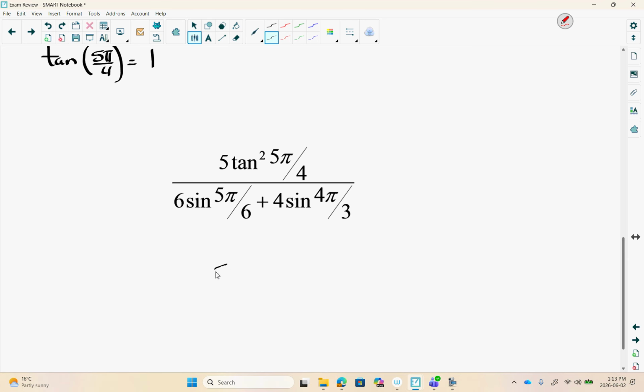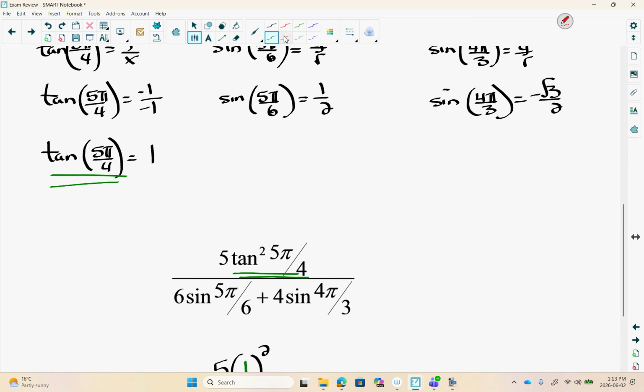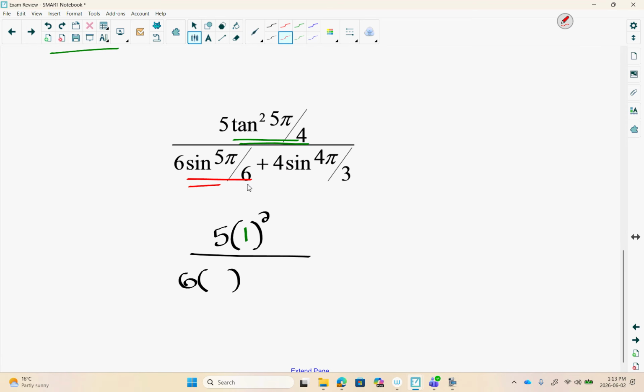I'm going to write the 5, and then I'm going to change the tangent of 5 pi over 4 to a 1. And I'll square that. It's over 6 times. What is the sine of 5 pi over 6? The sine of 5 pi over 6 is 1/2.